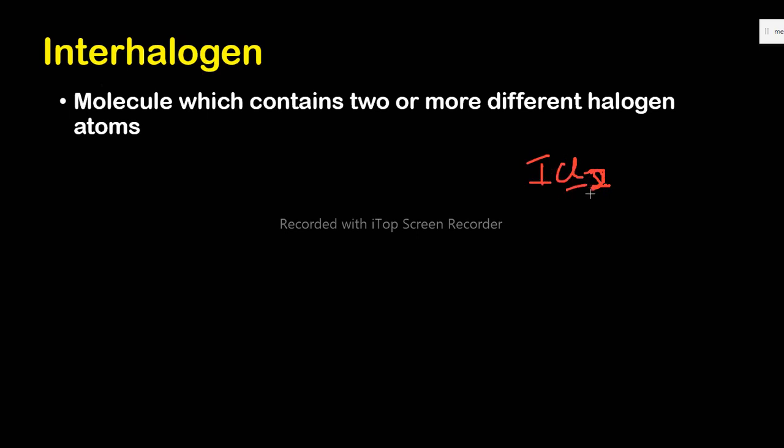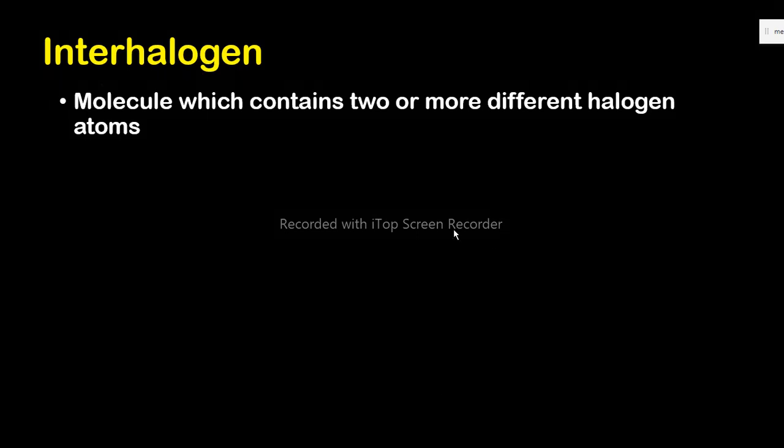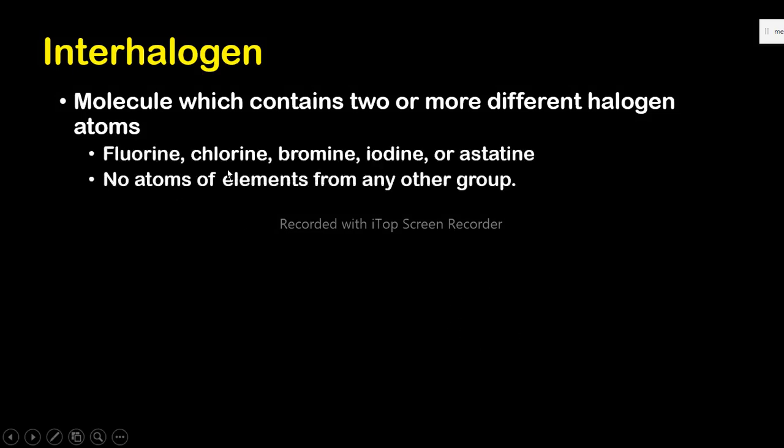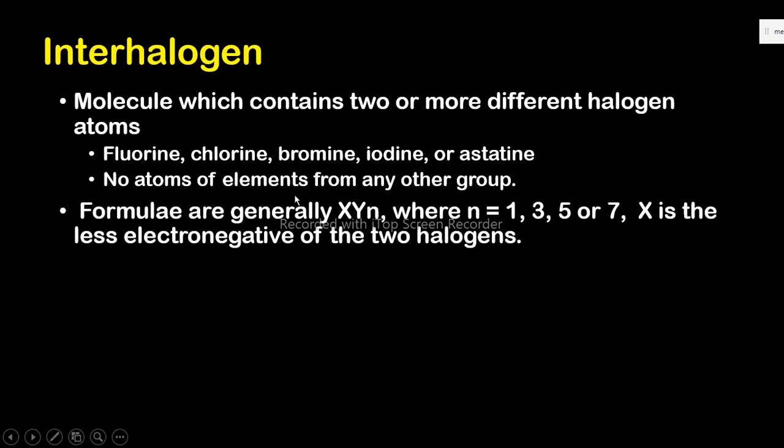The halogens themselves combine together, for example fluorine, chlorine, iodine, to form a compound with no atom of any other element apart from halogens.